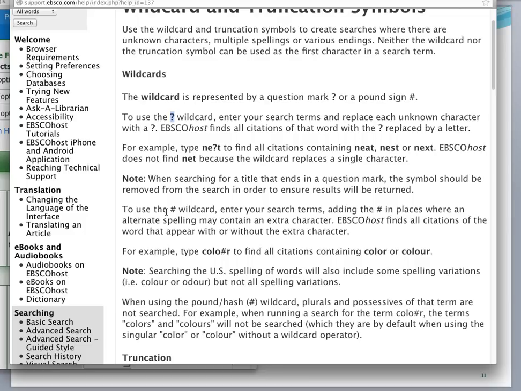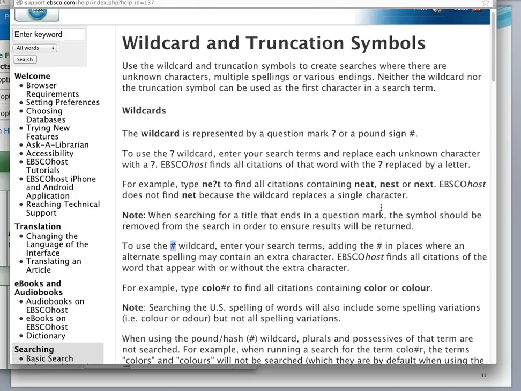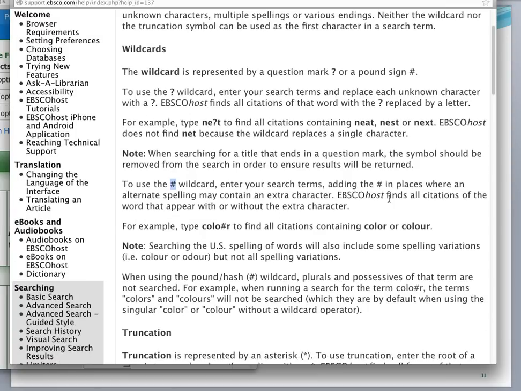Use the wildcard. Now we have the pound symbol here. To enter your search terms, add the pound sign in places where an alternate spelling may contain an extra character. And here we have an example, because this spelling may be the English or British and the American way to spell color. You see?